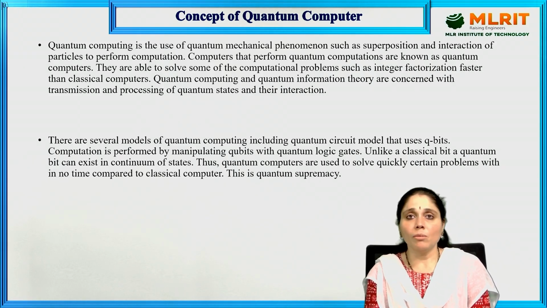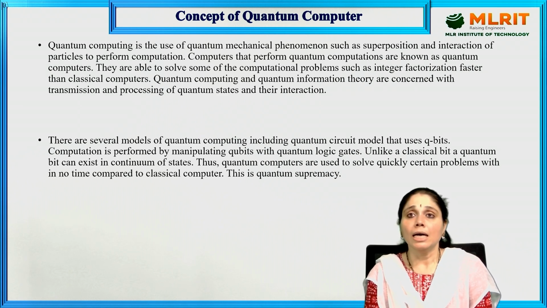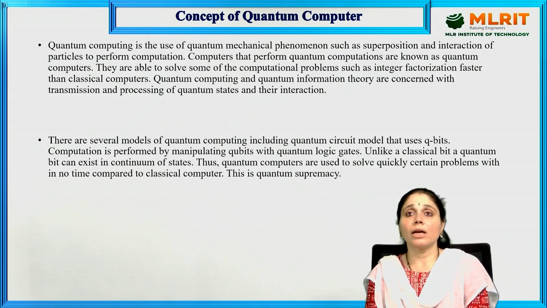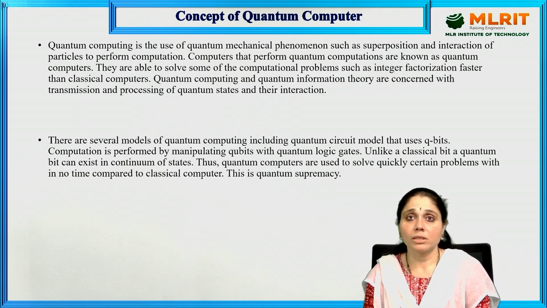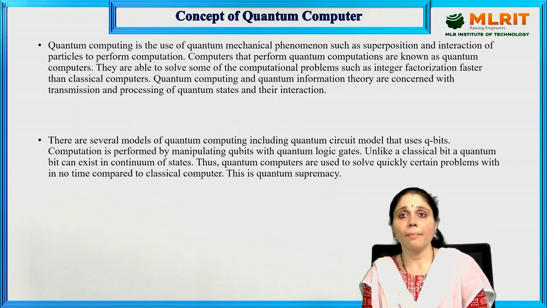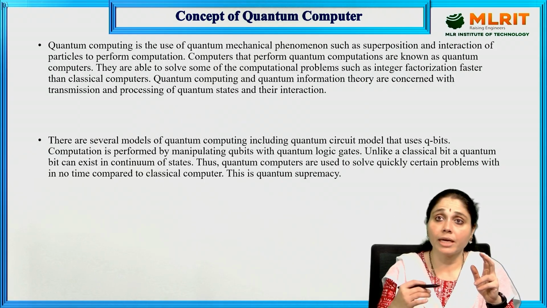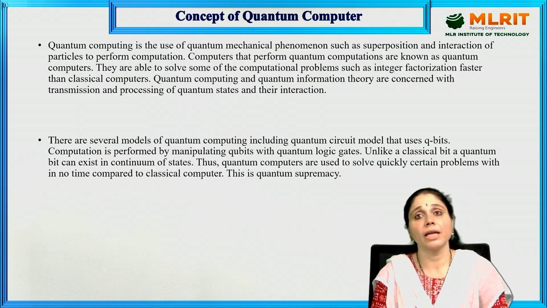They are able to solve some computational problems, such as integer factorization, faster than classical computers. Quantum computing and quantum information theory are concerned with the transmission and processing of quantum states and their interactions.